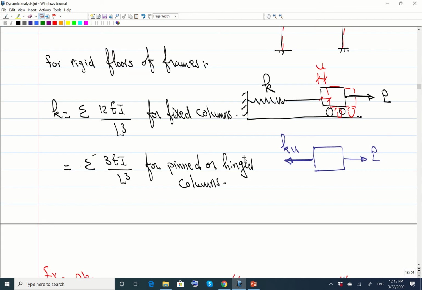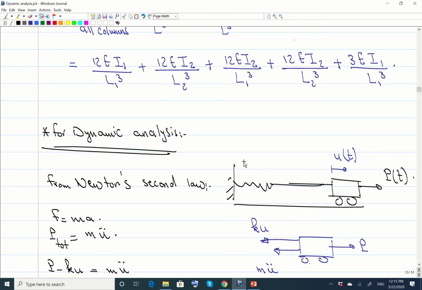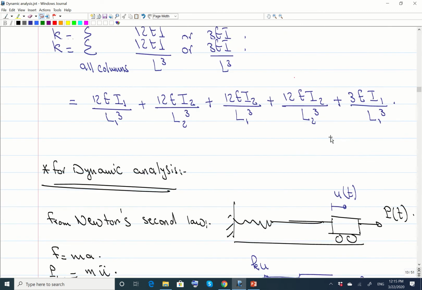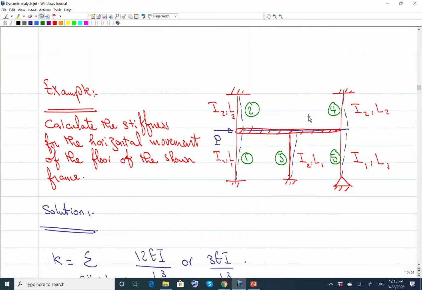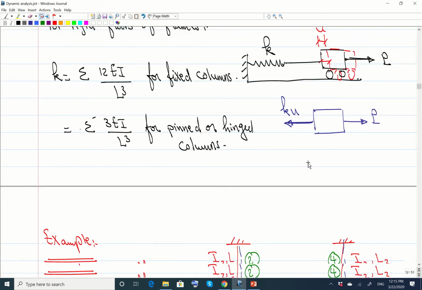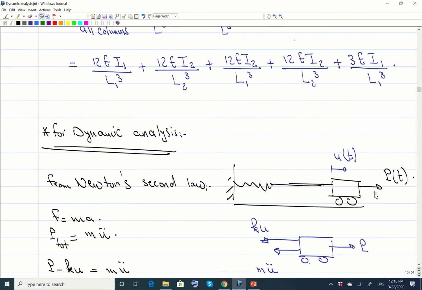So now, for dynamic analysis, we have the same system, which represents the frame that we showed earlier. This frame can be modeled as if it's just a mass, the mass of the rigid floor, and this is the horizontal force applied on it.